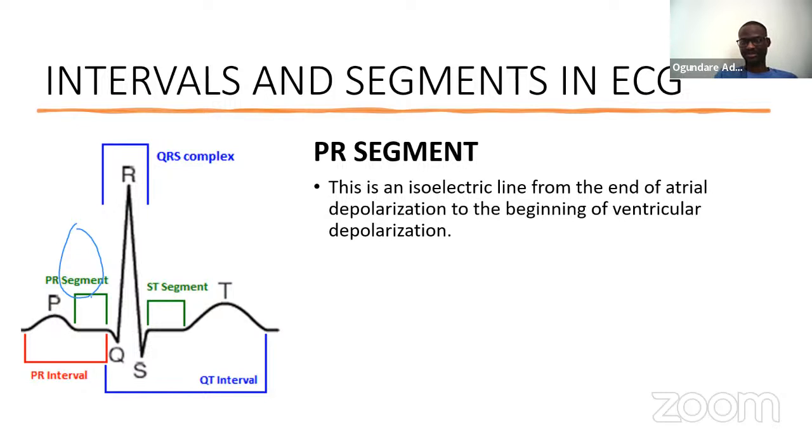It's just as simple as ABC, once you have background understanding of what each of the main waves represents. So it's easier for you to make sense out of these segments.